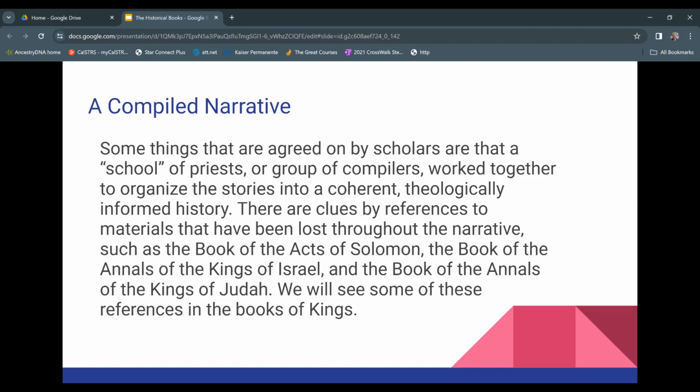There are clues by references to materials that have been lost throughout the narrative, such as references to the Book of the Acts of Solomon, or the Book of Annals of the Kings of Israel, and the Book of Annals of the Kings of Judah. We will see some of these references in the books of Kings, but they have been lost through history, although at the time of the compilers, they had access to it.